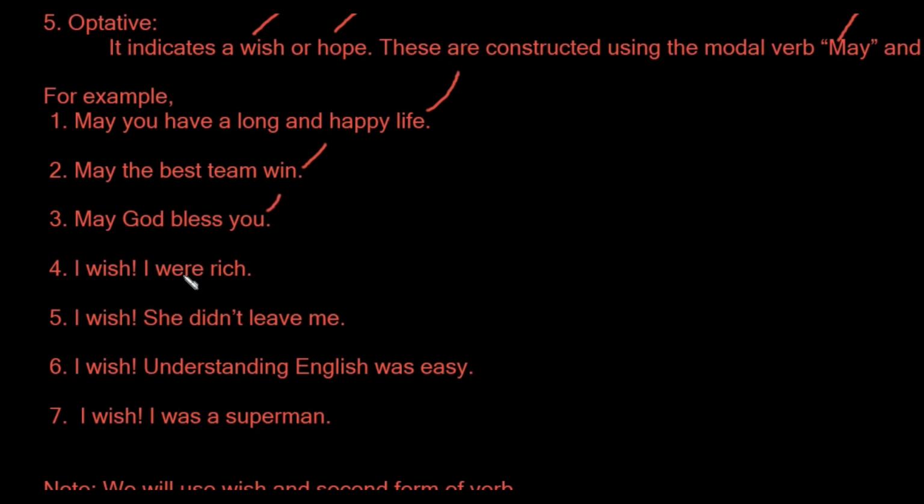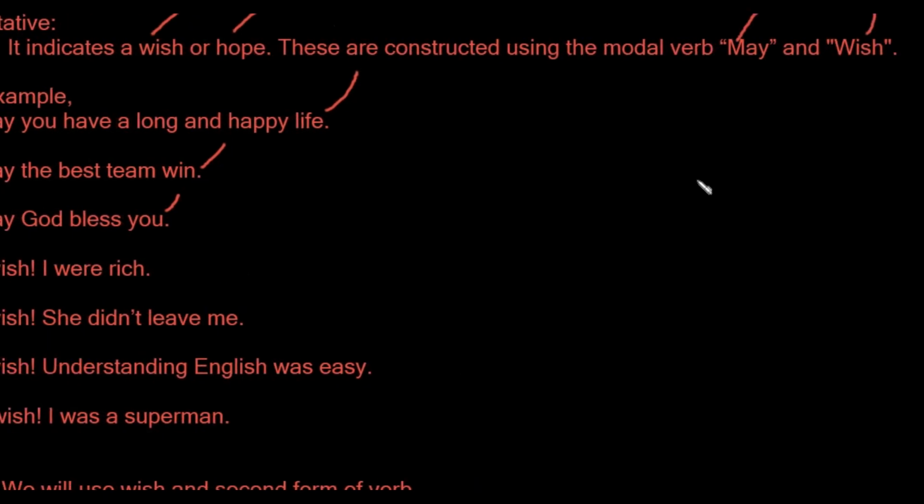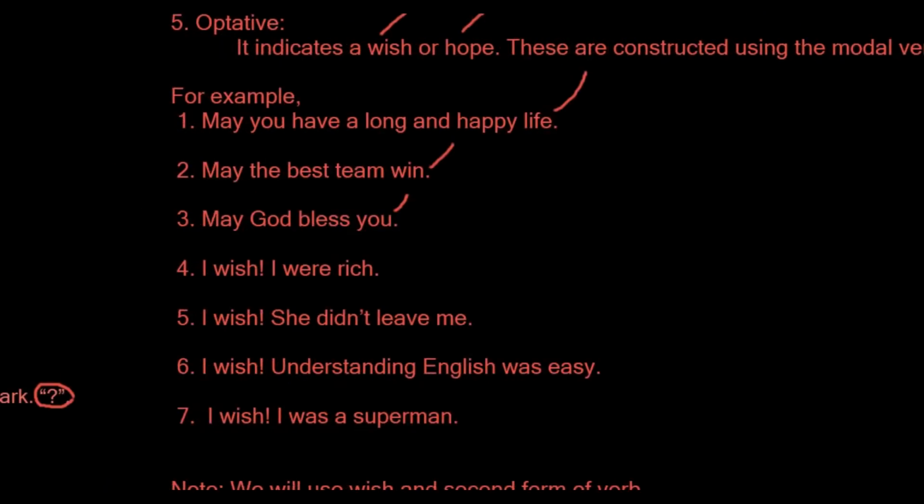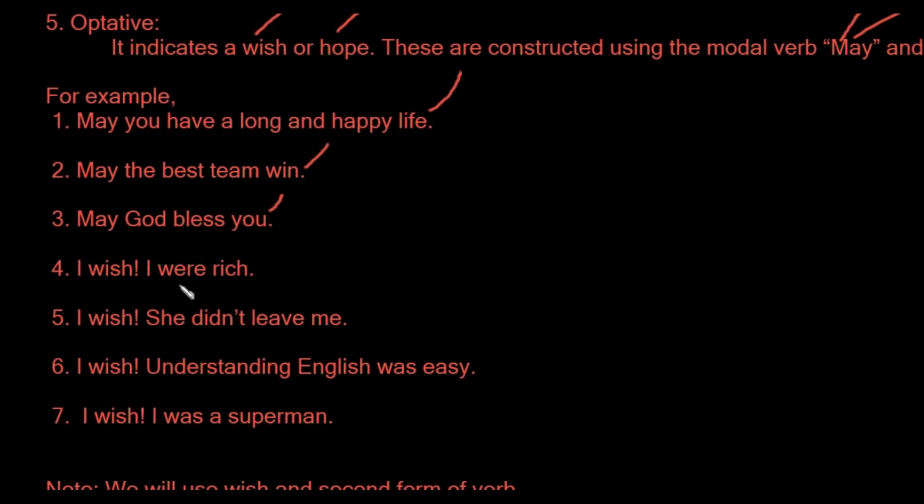I wish I were rich. So I wish I were rich is a kind of conditional sentence. Like I said before, we can also use wish. So I wish I were rich. Why did I use I were? Because we mostly use was, and that's the rule. We cannot use were with I. But in conditional sentences like I wish, you can use were.